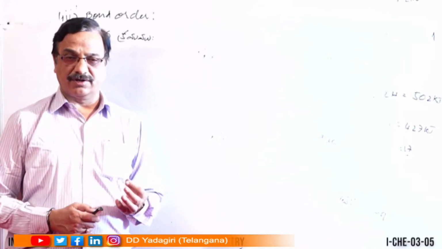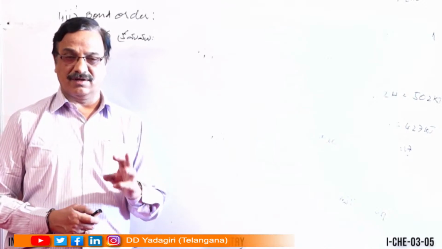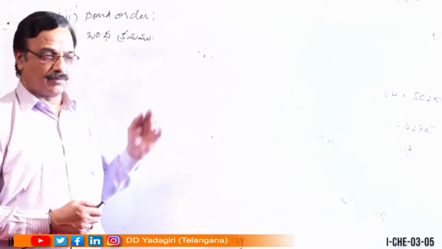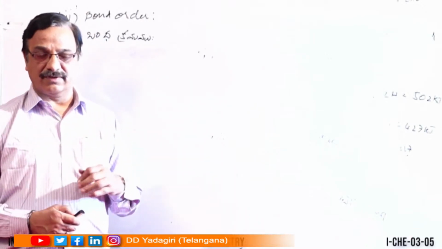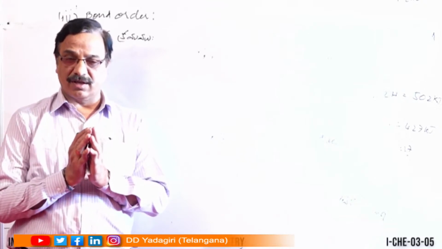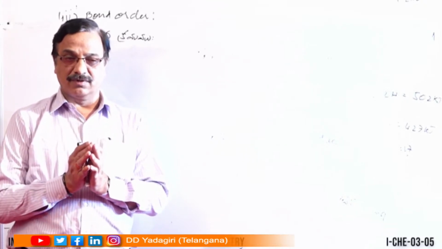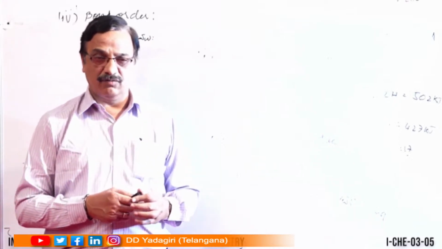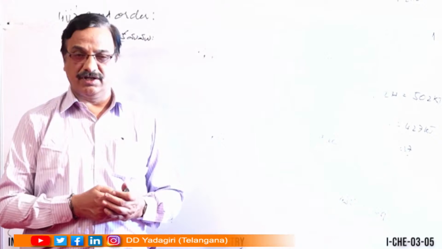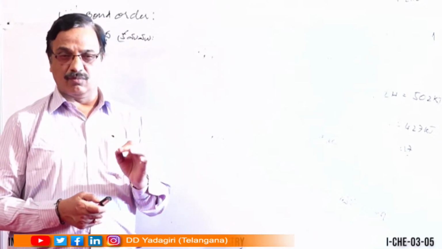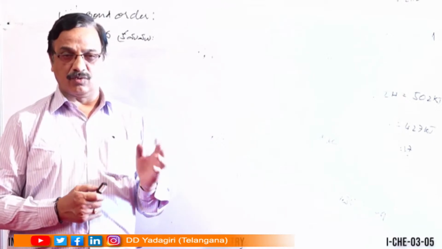For nitrogen molecule, bond order is 3, bonds ఉన్నాయి, 3. కాబట్టి దాని బంధ క్రమము 3 అవుతుంది. సో ఈ విధంగా రెండు ఆటమ్ మధ్యలో ఉన్నటువంటి బంధాలను బట్టి మనము బంధ క్రమమును నిర్ణయిస్తాము. అలాగే CO అండ్ N2, COకి 3 బంధాలు ఉన్నాయి కాబట్టి దాని బంధ క్రమం కూడా 3, నైట్రోజన్ కూడా 3.